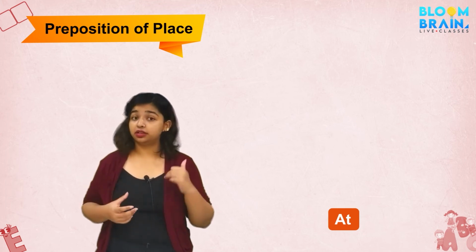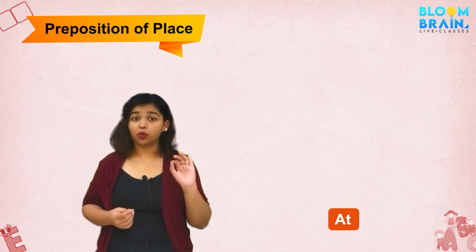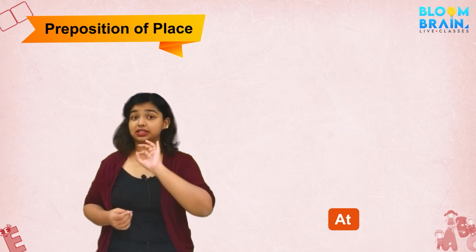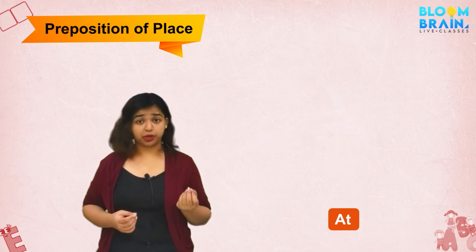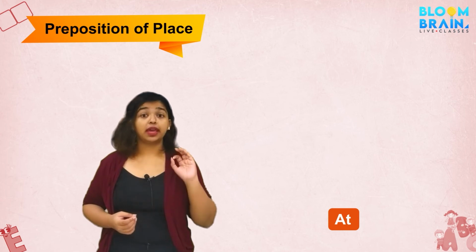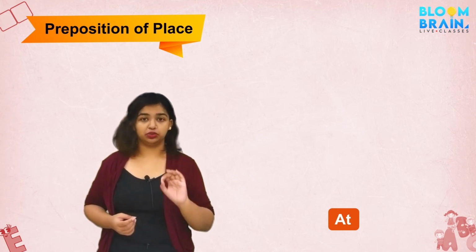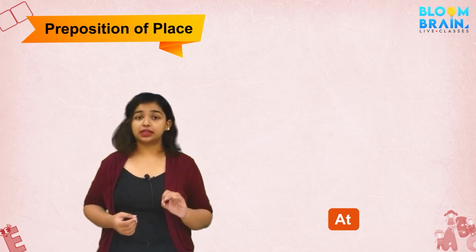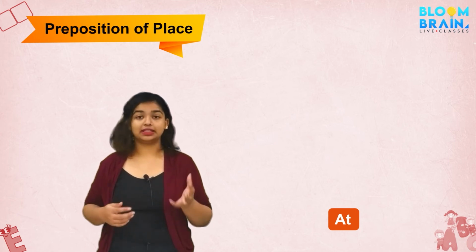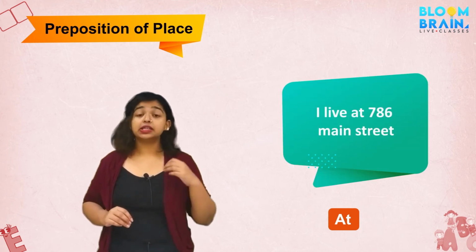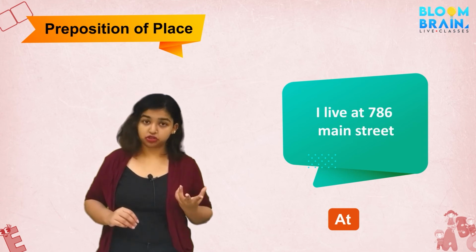Next, we have at. At again, remember, for time, we also use it for exact time. For this preposition of place as well, exact location is used. So if I give you my address, let's say I live at 786 Main Street.